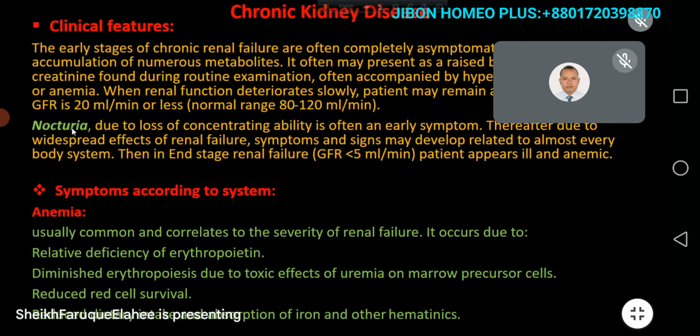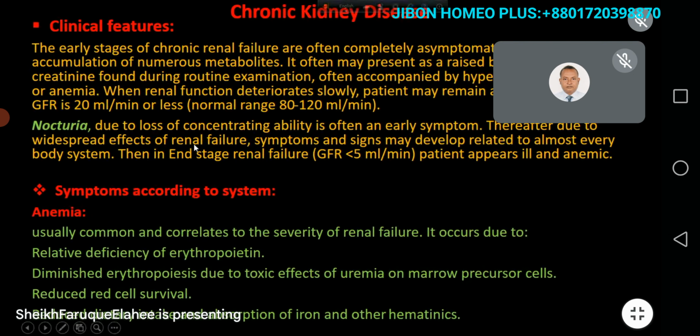This is called nocturia, more urination at night. This is the first symptom. It will knock in your head that you are going to have chronic kidney disease. So be careful. Nocturia is often the first symptom which will warn you that you are having chronic kidney disease. This is due to loss of concentrating ability of the kidney.